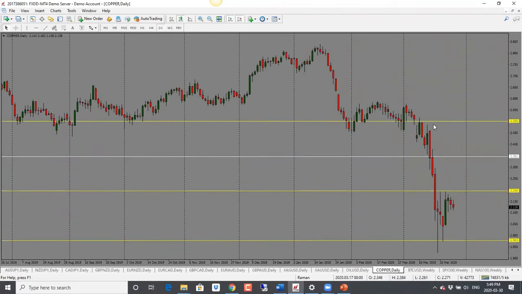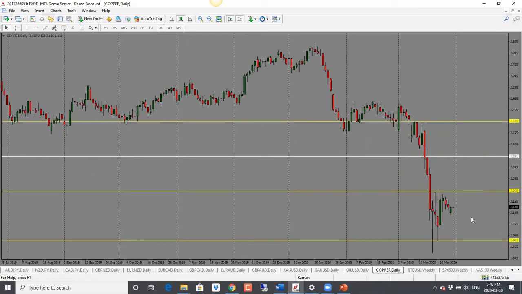Copper here, we do have a bullish candle close, but I'm neutral on this. So right now, we see that price is holding above 2.009 level here. And if it continues to hold above this, then I will look for a move back towards the top of the range. So this is the range that it's been trading in for the last little while.